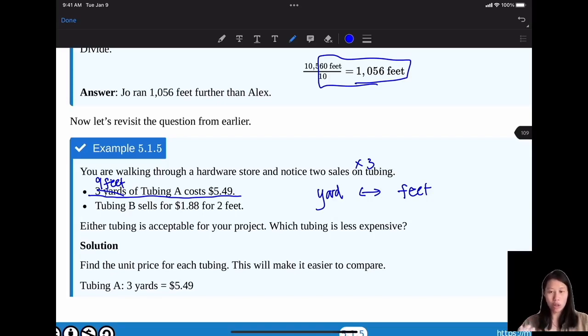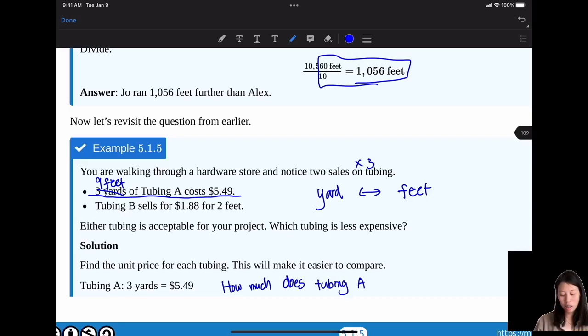So now we need to take it to what? Which one is cheaper, right? So that means we're trying to find out how much does tubing A or B cost per feet.